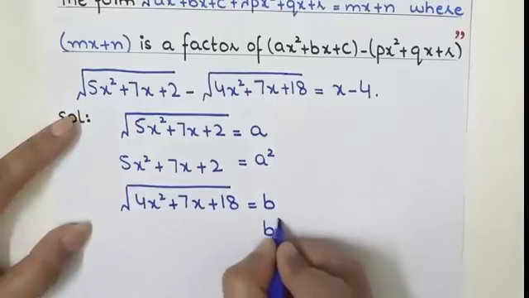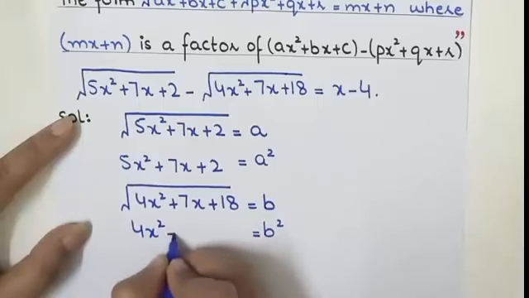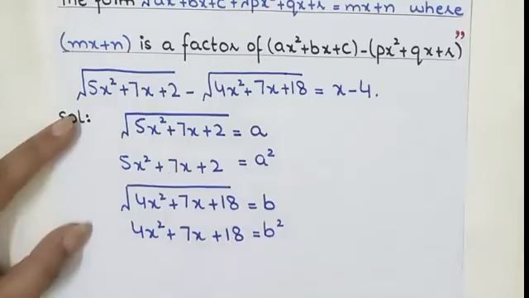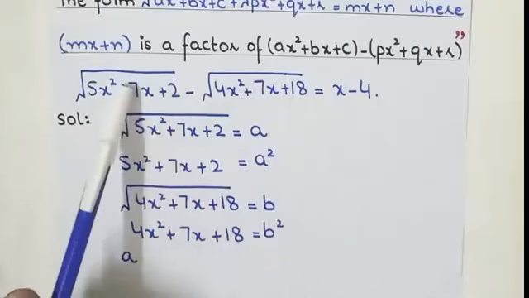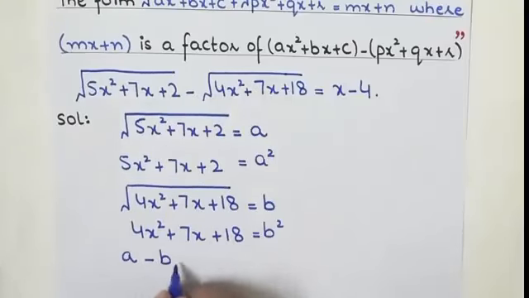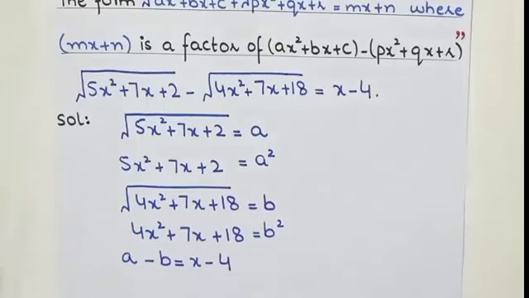Then the value of b square will be 4x square plus 7x plus 18. Since this term is a, minus this term is b, it is equal to x minus 4. So we can say that this is our equation number 1.